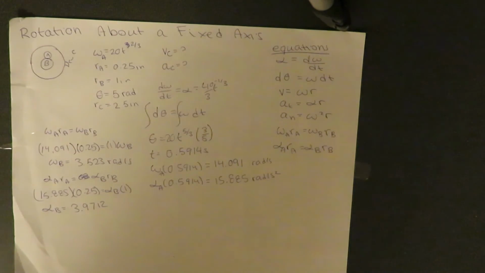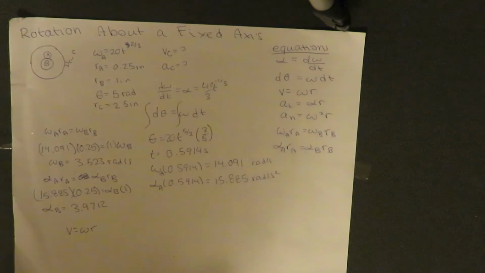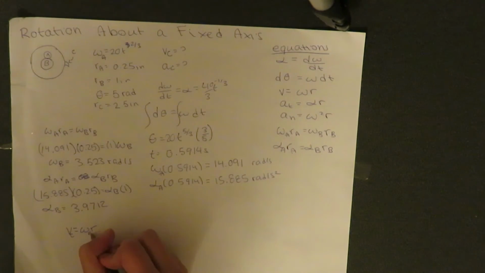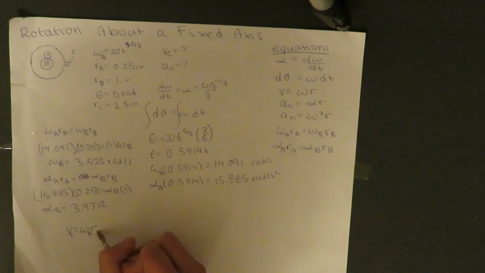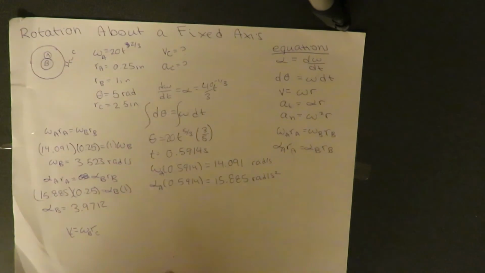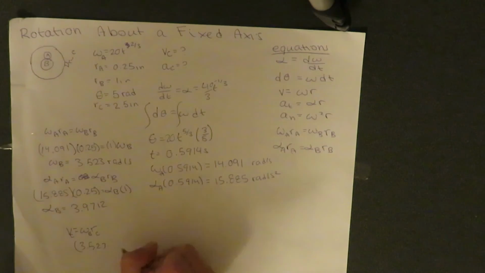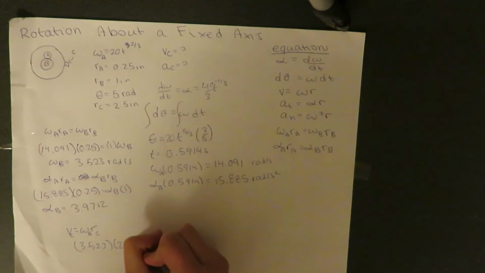Well, this is the same thing we've been doing this whole time. So we know that our velocity is equal to omega r. So in this case, the velocity of C, the thing we're trying to find, is equal to omega B, and omega B and omega C are the same, times RC, because they're not different. RC is 2.5. So using this, we already found omega B, it's 3.523, and RC is 2.5.